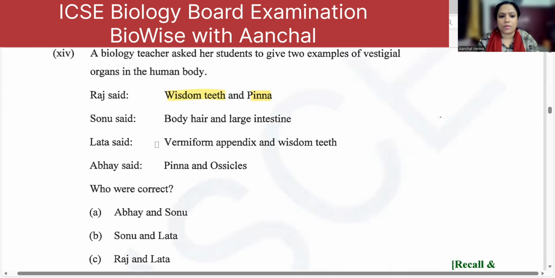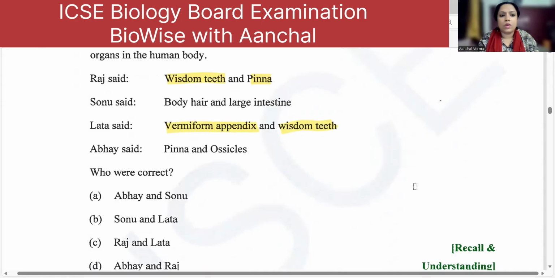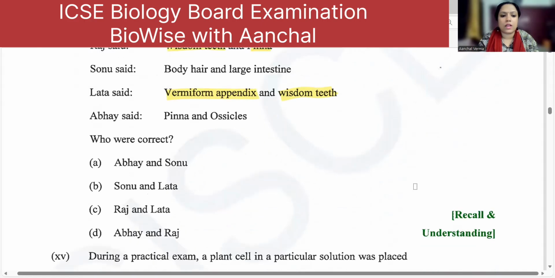So Sonu is wrong. Lata said vermiform appendix, that is right, and wisdom tooth, that is also right. Pinna is not very functional in human beings, but ear ossicles are very useful. So who are Raj and Lata? You can see C option is the right answer.